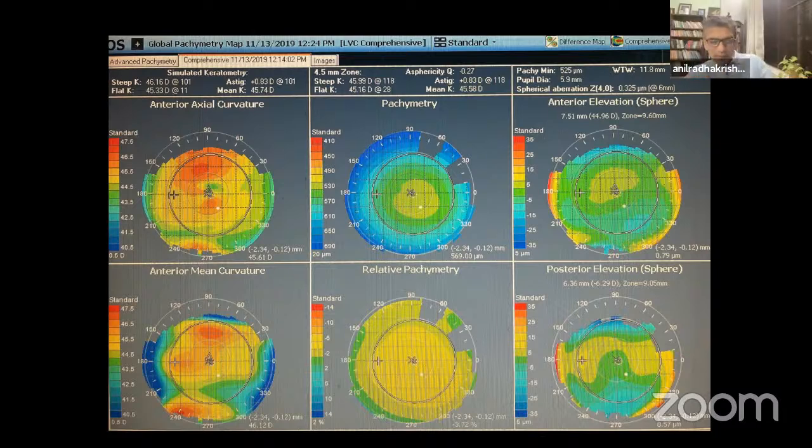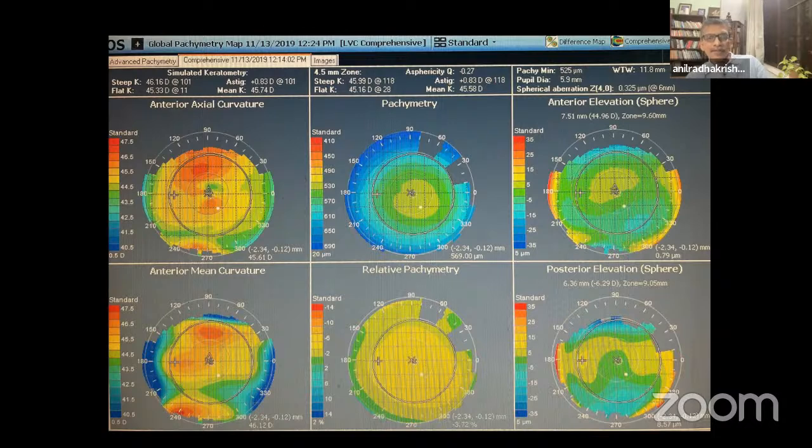Now for the people who are not used to this, for the pachymetry map, you have to look at the central 3 mm zone, whether more than 3 colors are coming. The other thing is relative pachymetry: anything more than 9% difference would be significant, 9 to 12 would be borderline, and anything more than 13% is considered abnormal.